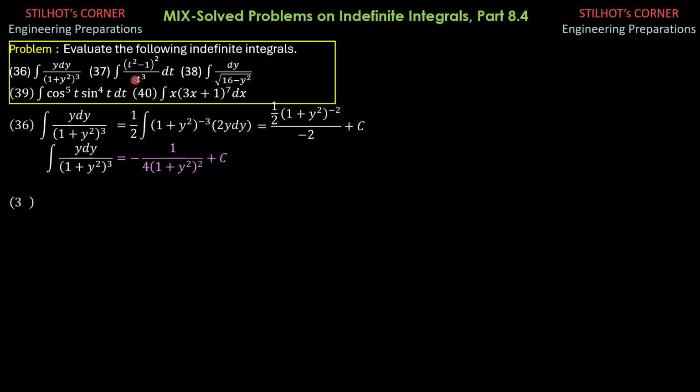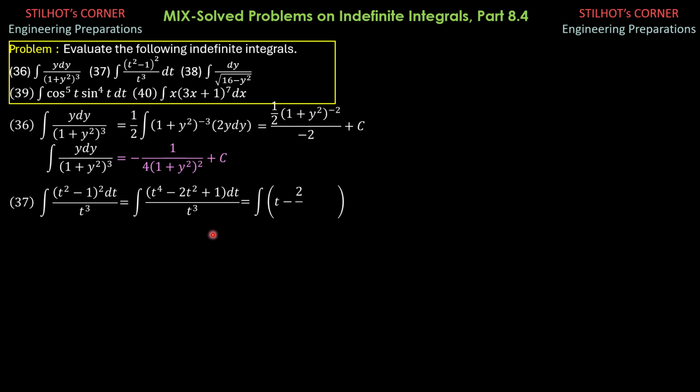37, we expand first the numerator, then divide it by t cubed. So that would be integral of quantity t to the fourth minus 2t squared plus 1 dt over t cubed. Dividing everything by t cubed, this is now in the form integral of quantity t minus 2 over t, plus t to the negative 3 dt.